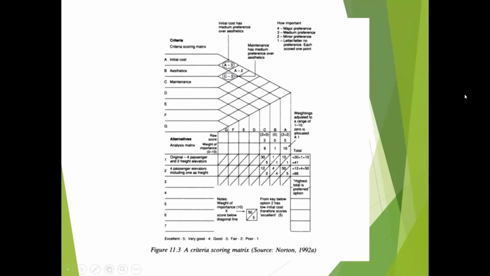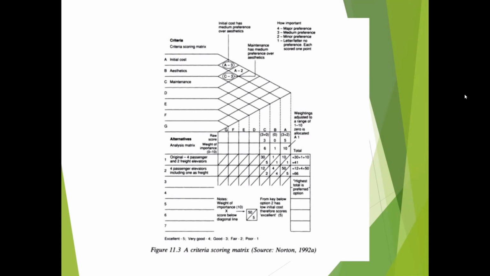Look at this. So, alternatives, right? A, B, C, D up to G, those are the criteria actually, and the options are here, you see.